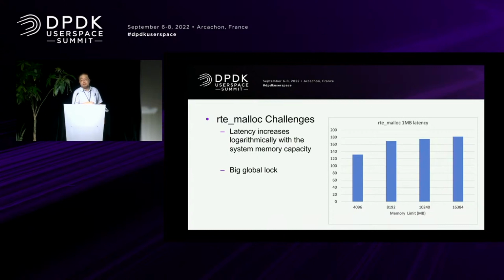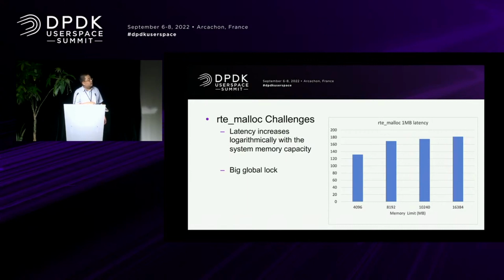That's an EAL option; you can control the upper limit of memory assigned to this unit test. We tried setting 4 gig, 8 gig, 10 gig, and 16 gig separately. That means not all 10,000 allocation requests will be successful. The test stops when the system runs out of memory.